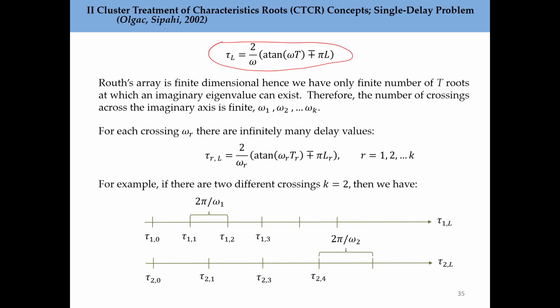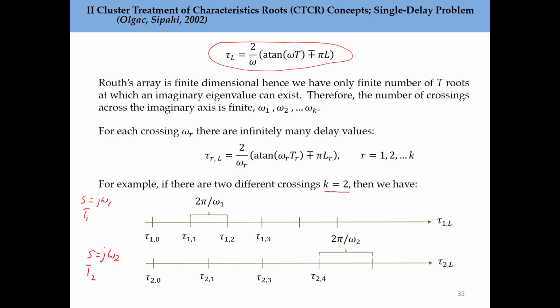Okay, so let's carefully observe and let this sink in. Now we have a crossing at s equals j omega 1. This corresponds to some t value, t1, if you're using recursive substitution. You don't have to. This crossing will happen at infinitely many delay values, as we are showing along this axis here. If you have two crossings, then you have another crossing at s equals j omega 2, and if you're using recursive substitution, you have a value t2.